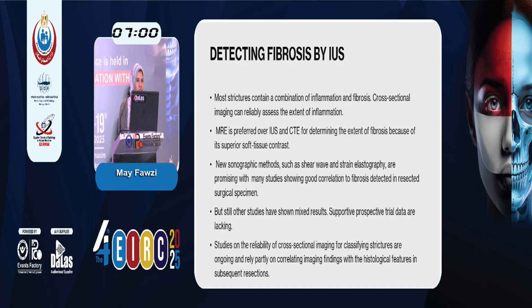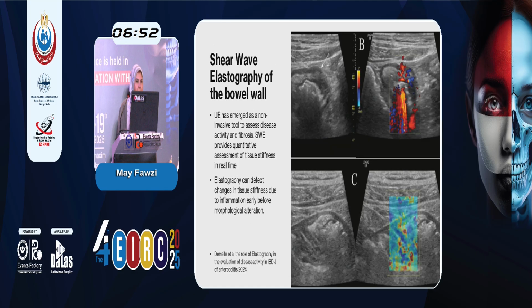There are still studies that tell us that shear wave and strain elastography on the ultrasound can be promising tools to detect fibrosis. As, for example, this thickened bowel loop, which has an excess of color Doppler flow, and when I put my shear wave here, I can check that there is excess blue, meaning excess fibrosis, excess stiffness.